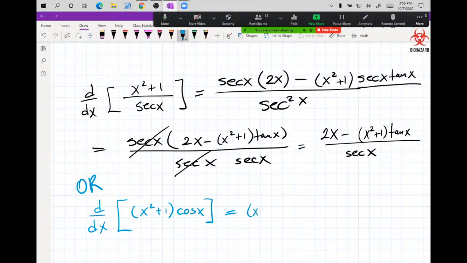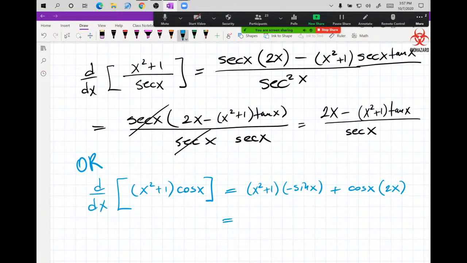Copy the first, derivative of the second, plus copy the second, times derivative of the first, which is 2x. So what this equals to?